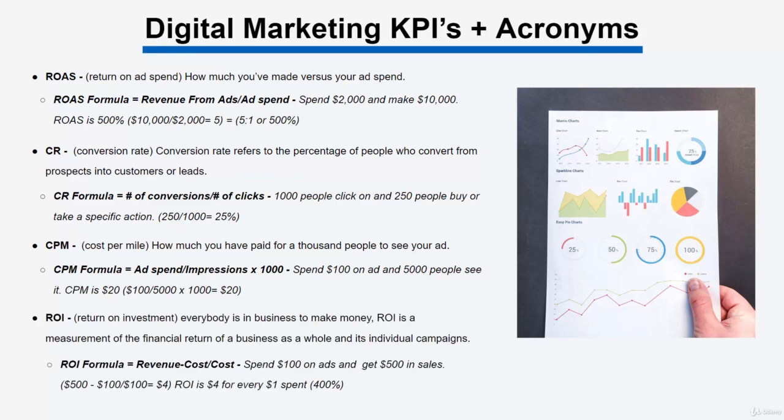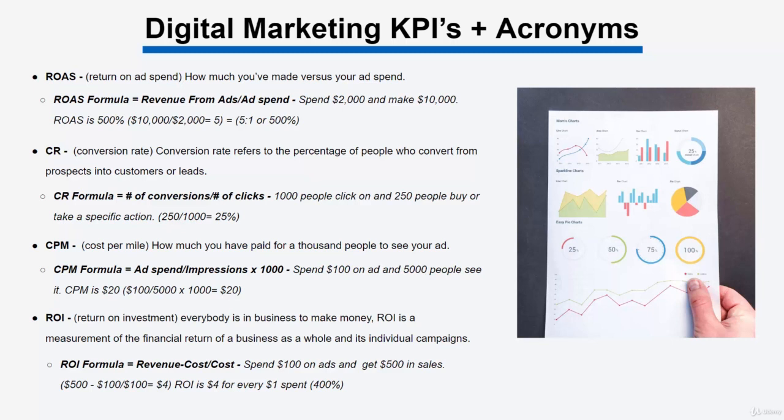And then we have ultimately here the return on investment. This is the most important here because all the other KPIs, as far as the conversion rate, CPM, CPC, CPA, all that comes into play in our final return on investment, right? So this is where we're measuring the total amount of return versus our initial investment. And so the ROI formula is total revenue minus cost divided by cost.